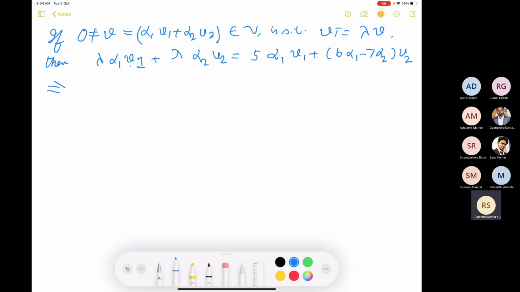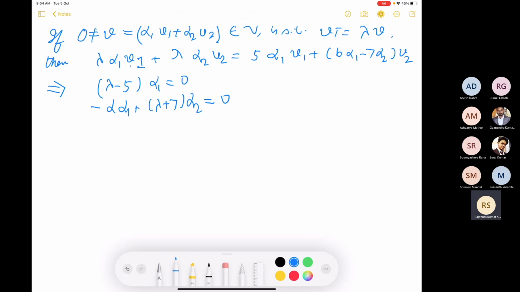So this will force that (lambda minus 5) alpha 1 is 0 and minus 6 alpha 1 plus (lambda plus 7) alpha 2 is 0.